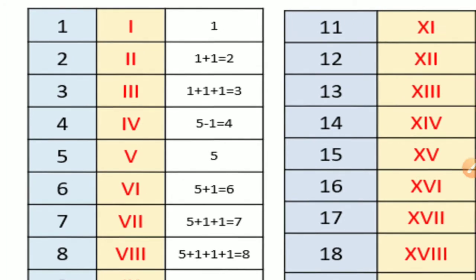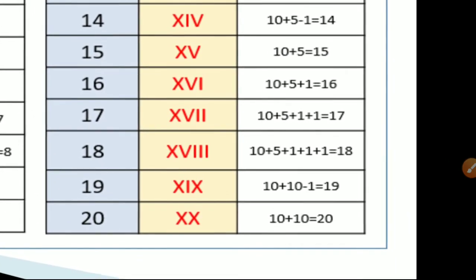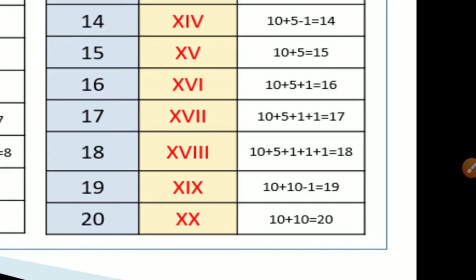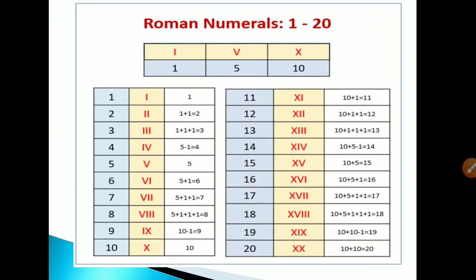This way only we will write 14. 15, XV. 10 plus 5. 16, XVI. 10 plus 5 plus 1 is equals to 16. 17, XVII. 10 plus 5 plus 1 plus 1 is equals to 17. 18, XVIII. 10 plus 5 plus 1 plus 1 plus 1 is equals to 18. 19, XIX. 10 plus 10 minus 1 is equals to 19. 20, XX. 10 plus 10 is equals to 20.